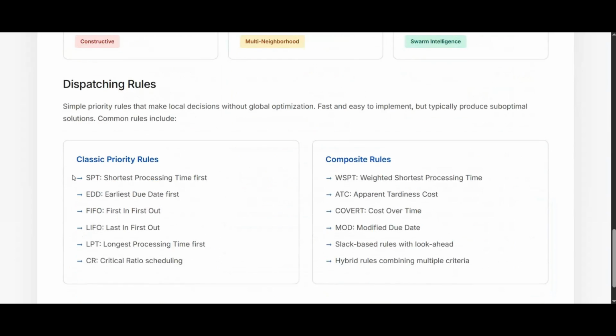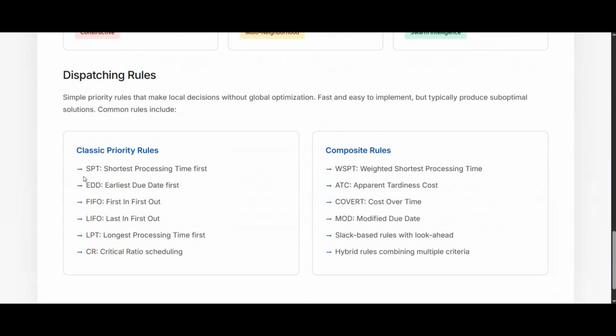Okay, let's cover dispatching rules. These are simple local rules used to make quick scheduling decisions without complex optimization. They are fast to apply but might not always give the best overall result. We have classic priority rules like SPT, which stands for shortest processing time first, get the shortest jobs done early.